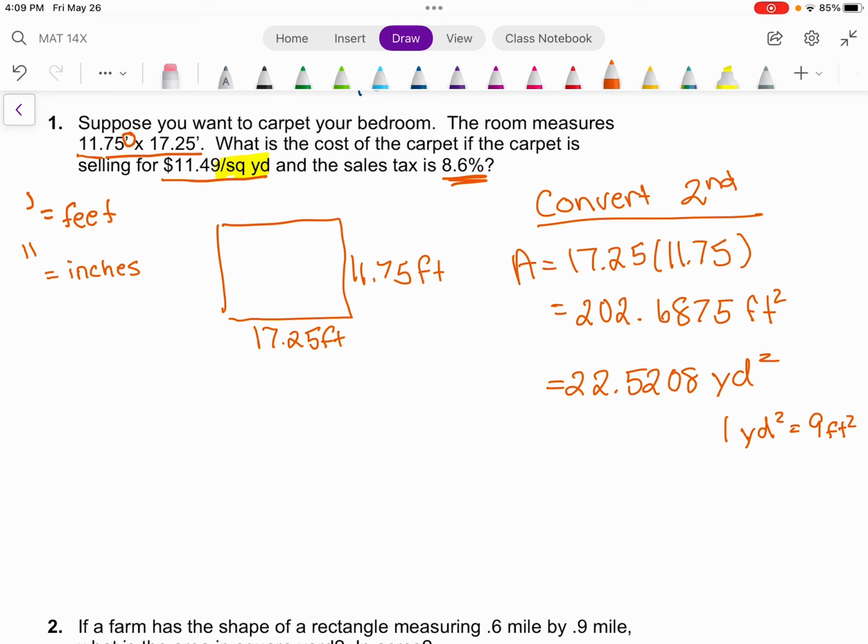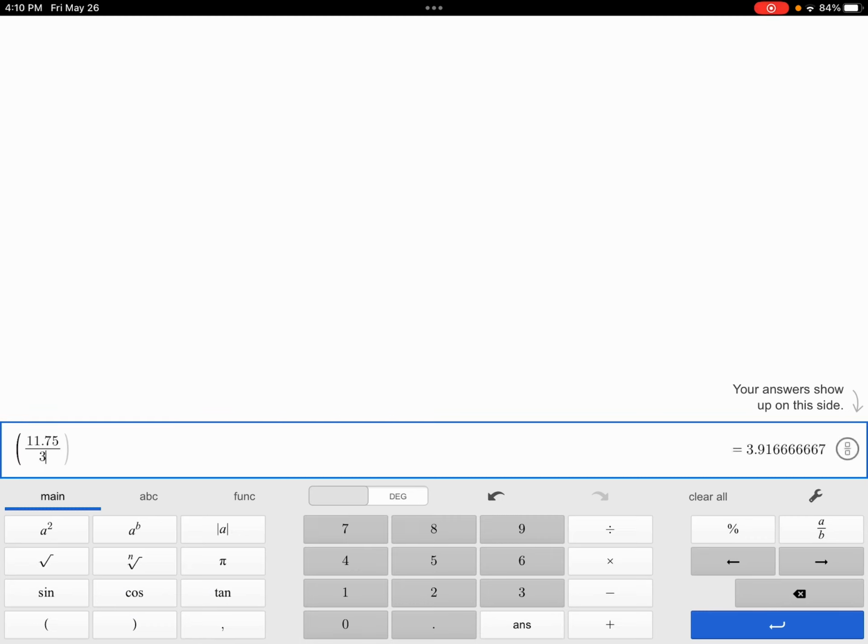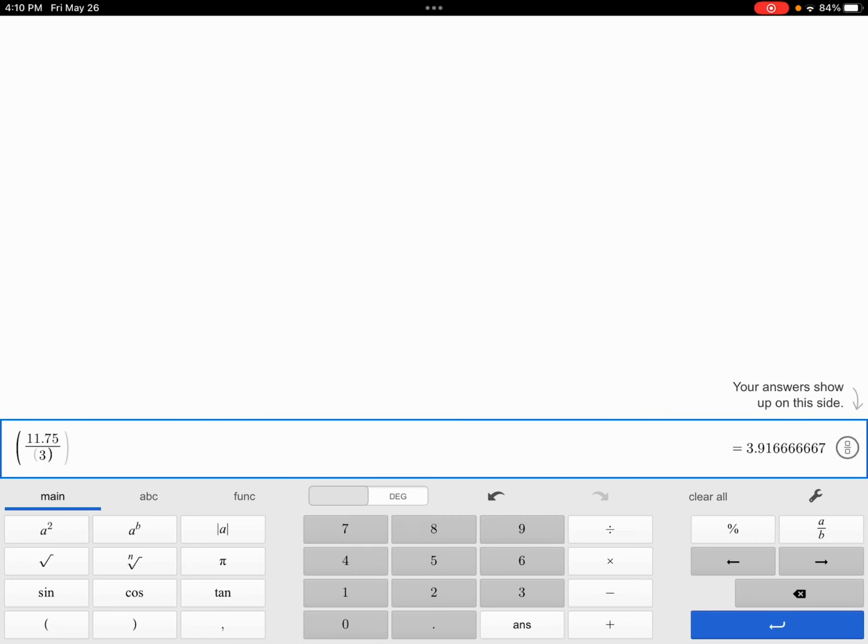So one dimension would be 11.75 divided by 3, and the other dimension would be 17.25 divided by 3. And if I want to find their area, I'm going to multiply them. So let's say I go over to my scientific calculator, and I'm going to put in my 11.75 divided by 3.